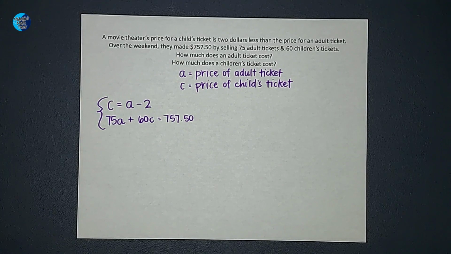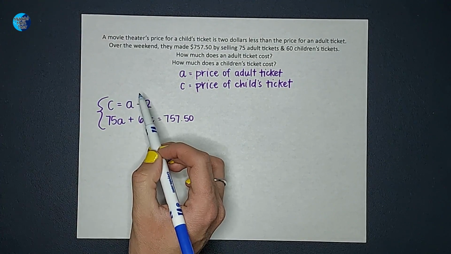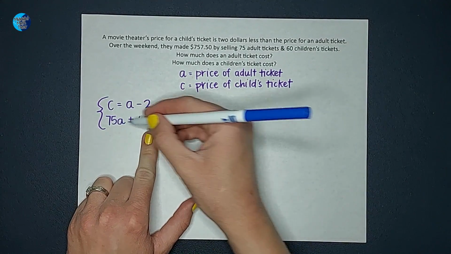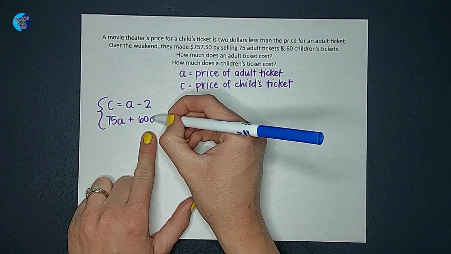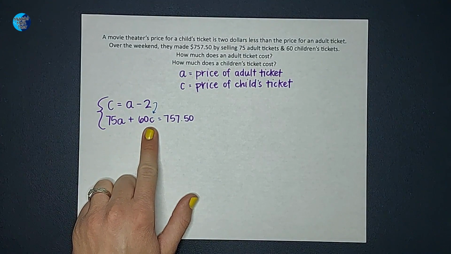The first thing I'm going to do in order to do this is right here, I have that C equals A minus 2. So I'm going to rewrite this equation, but instead of writing C, I'm going to write A minus 2.